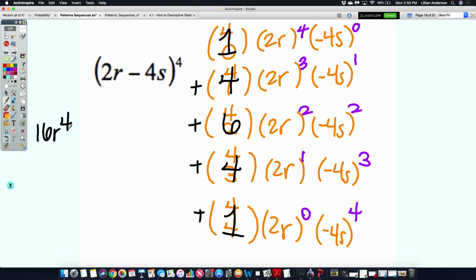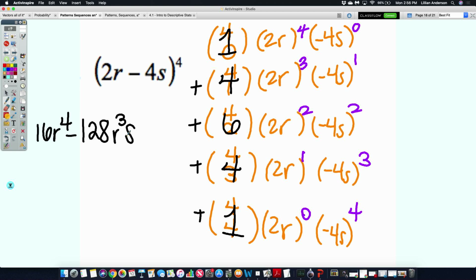So it'd be 24r to the 3rd. Then I have to multiply by negative 4s. What's 32 times negative 4? Negative 128. So it'd be negative 128 r to the 3rd s to the 1st.